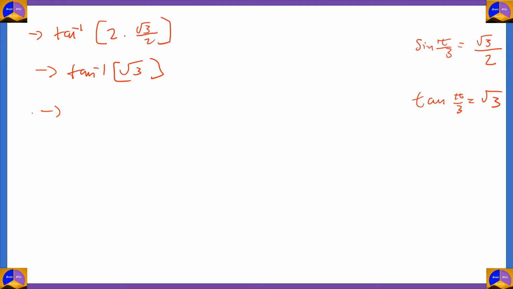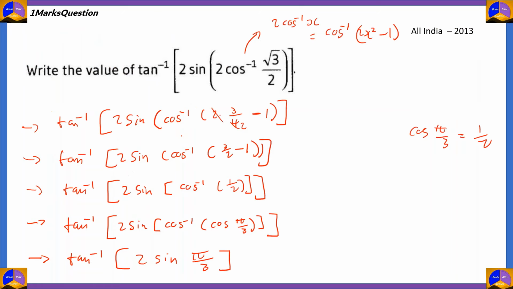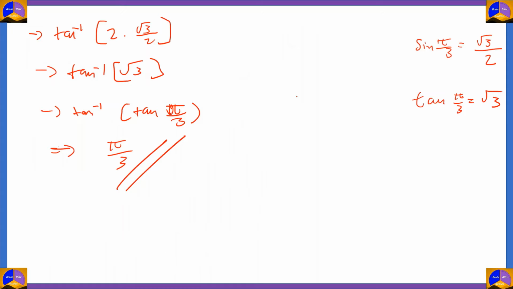Tan 60 is root 3. So we have tan inverse of tan pi by 3, which is equal to pi by 3. So the value of tan inverse of 2 sine 2 cos inverse root 3 by 2 is pi by 3. So using a formula and the values of sine, cos, and tan pi by 3, we got the value of this complex inverse trigonometric function, which is just pi by 3.